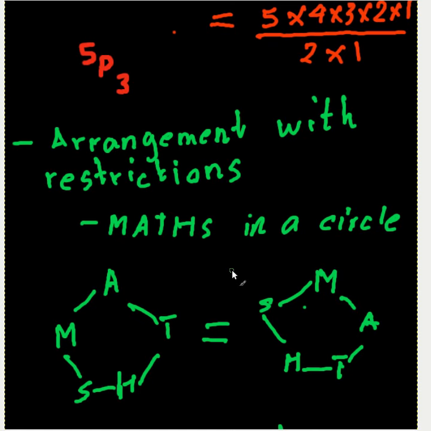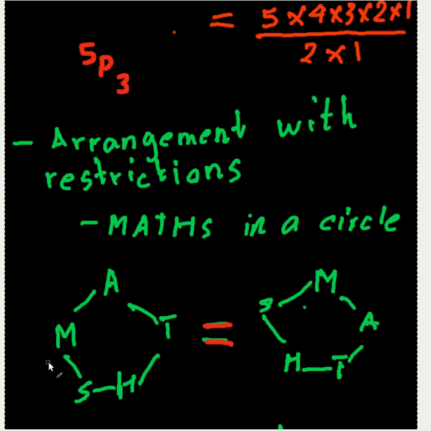This is a bit of a tricky question, because if you look at this over here, MATHS, and if you look at over here, MATHS, these two circles are exactly the same. So you cannot differentiate between the two.